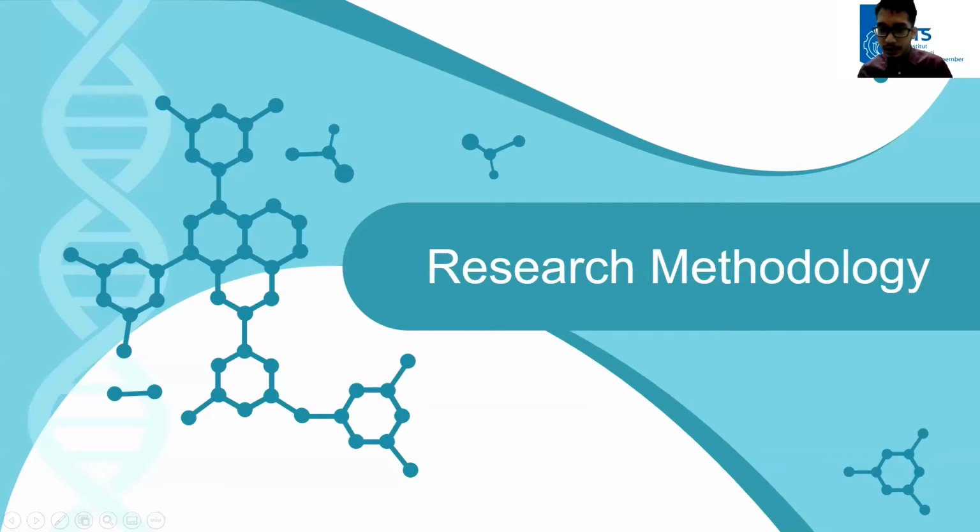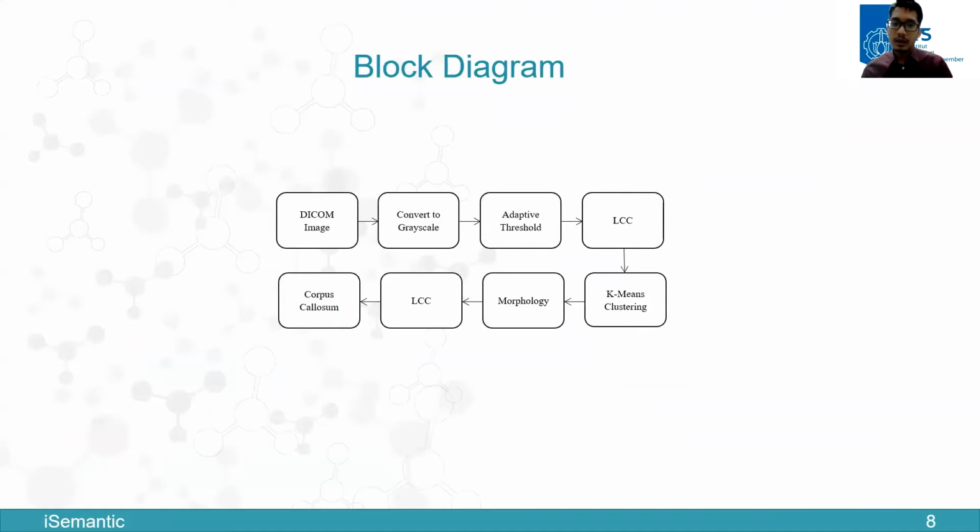The next part is research methodology. For this study, we conducted the research process that is shown in this block diagram. First, the image will be converted to grayscale.